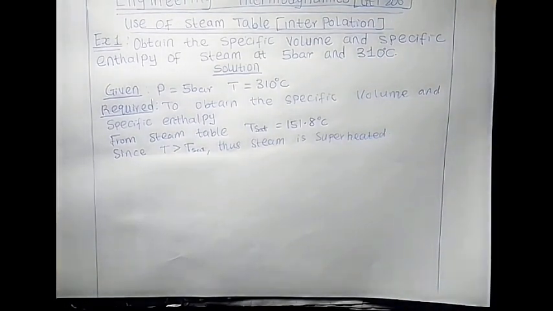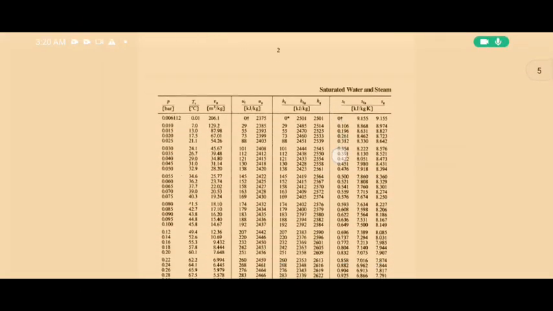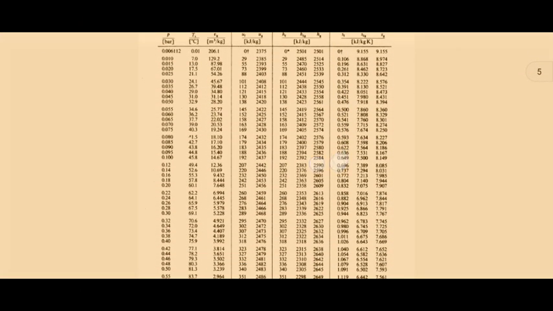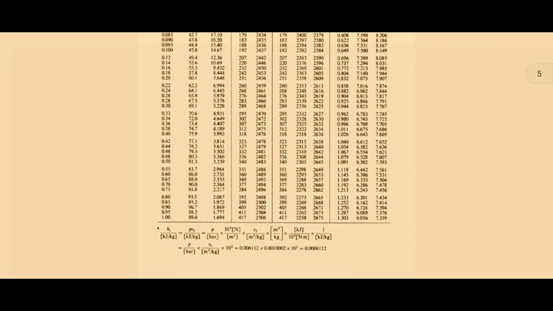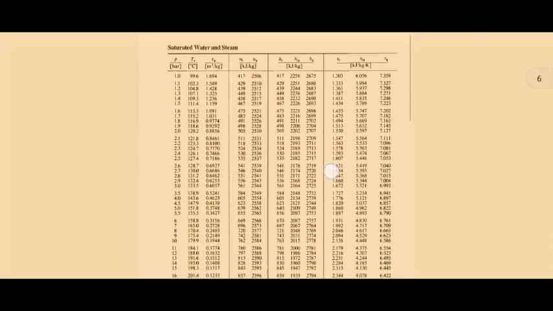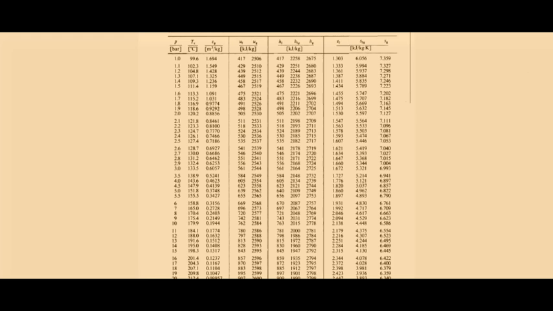Now, if you also go over to the superheated portion of your steam, for your second value, which is the specific volume under 310, which is in the superheated portion.